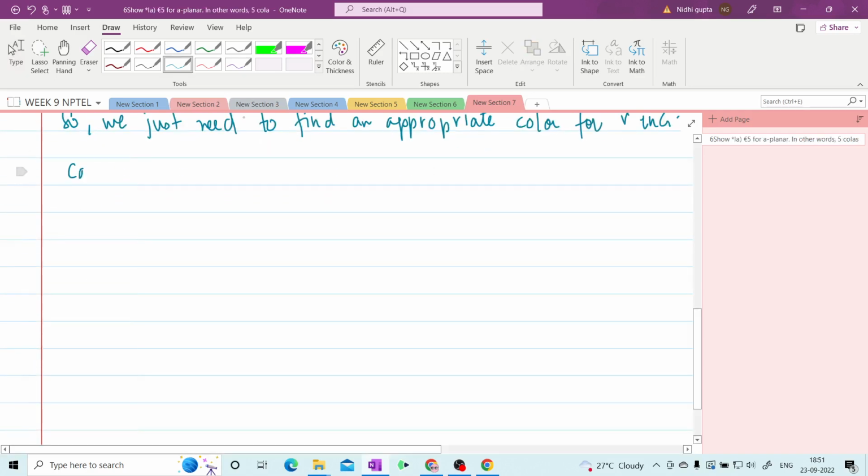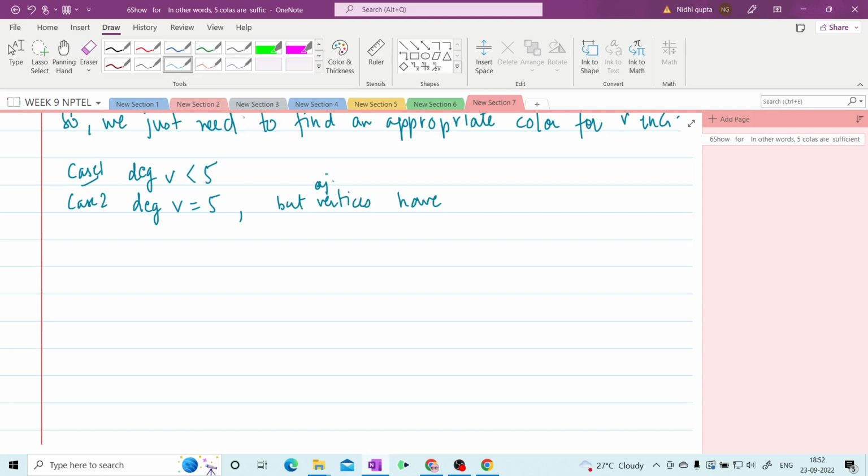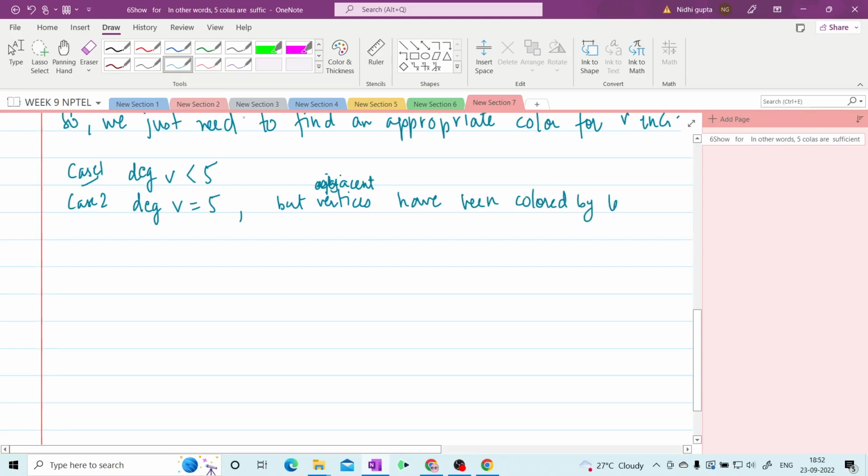Case 1: degree of V is less than 5. Case 2: degree of V is equal to 5 but the adjacent vertices have been colored by fewer than 5 colors.